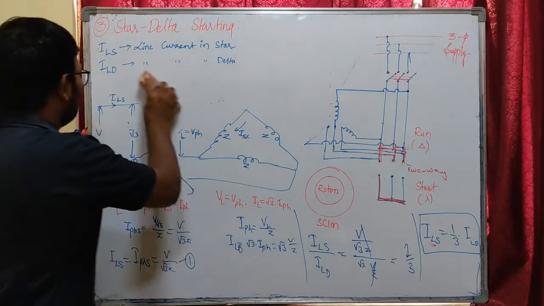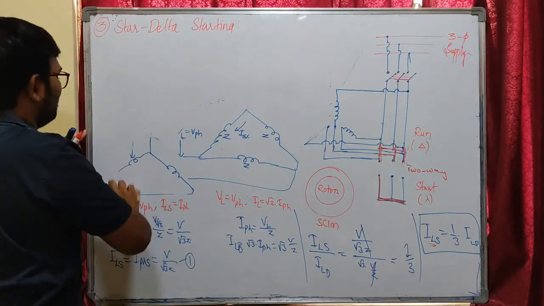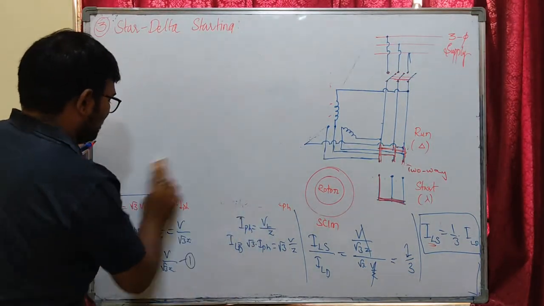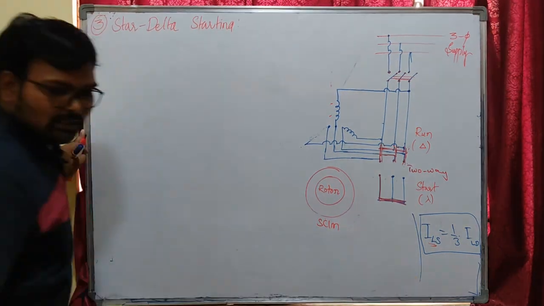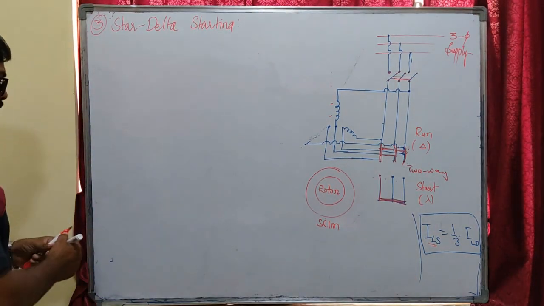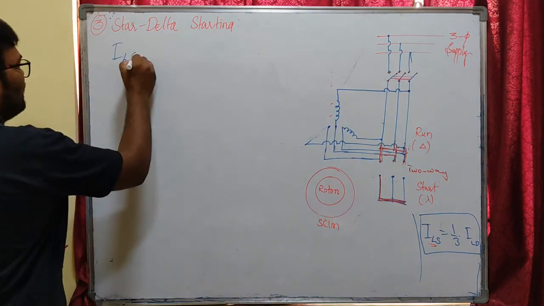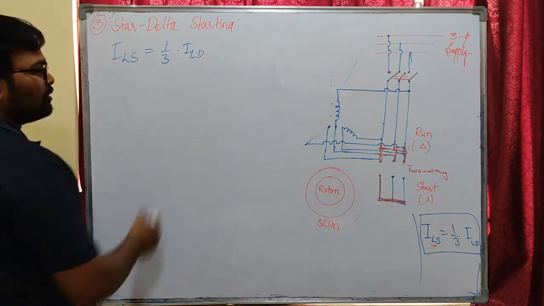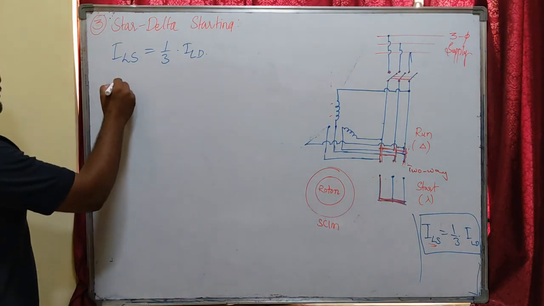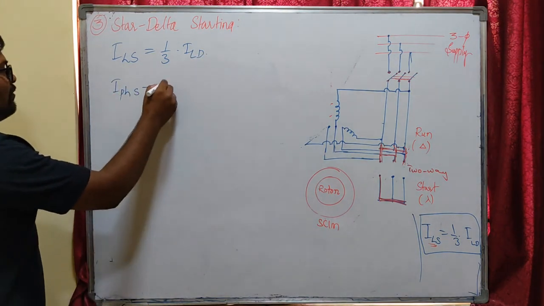Okay, now let us see the relation between torques. So we have the expression that the line current in star is equal to 1 by 3 times the line current in delta. When I shift this to phase currents, the phase current in star will be equal to 1 by 3 times the line current in delta.